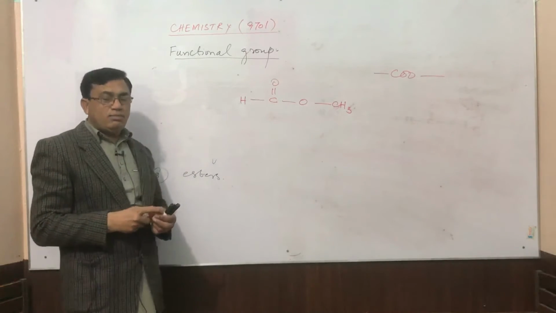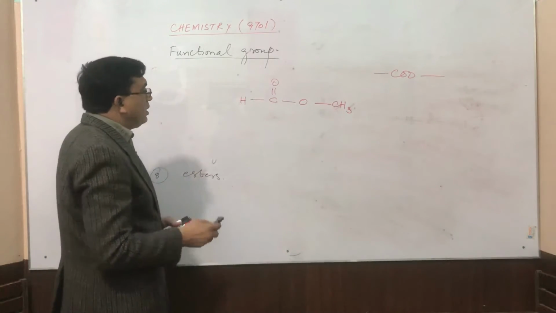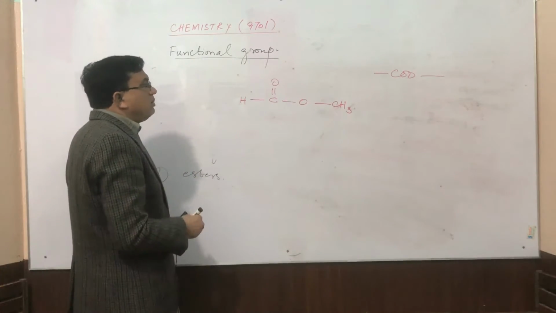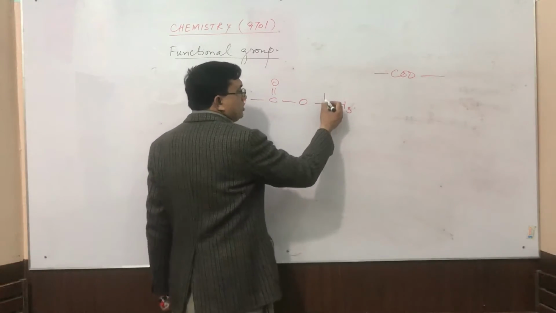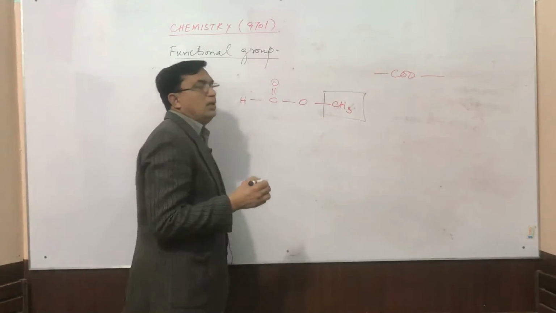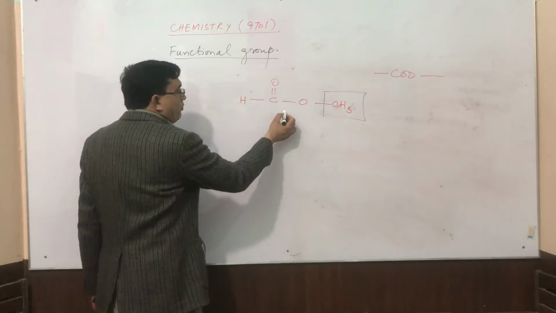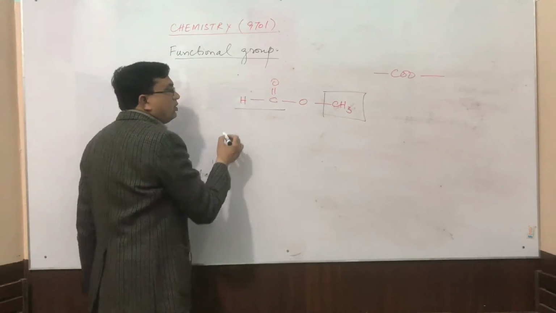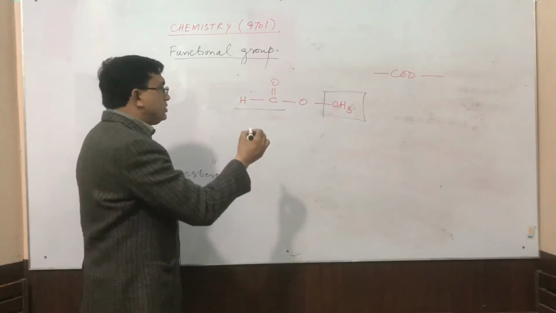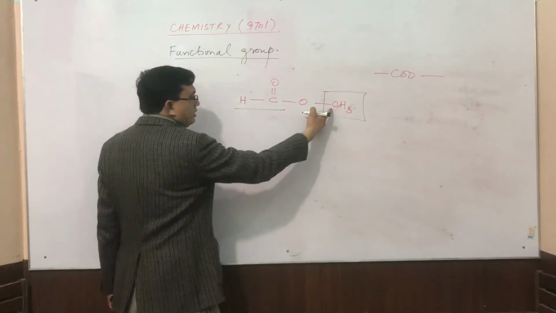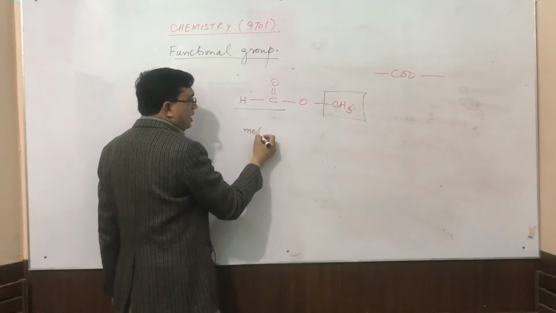Now how do we name this organic molecule? First of all, we mention this alkyl group as a branch, and then we find out the total number of carbon atoms on this side, and we mention what will be the name. This will be mentioned first, methyl.